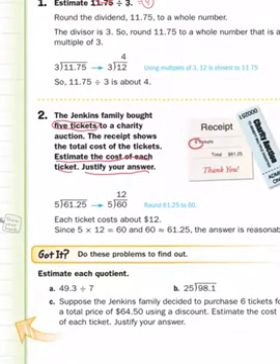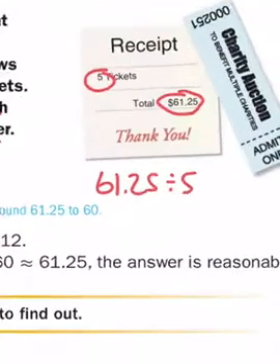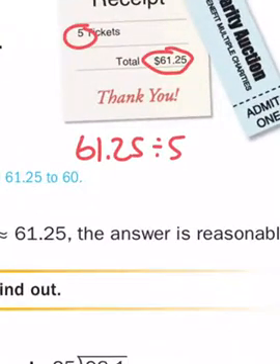5 tickets cost $61.25. So to find the cost of each ticket, I would have to split the total cost 5 ways because there's 5 tickets. But remember, we are estimating the total cost. So I'm not even going to pay attention to the decimal numbers. They don't matter. I'm looking for the closest thing to $61 that divides by 5 without a remainder.